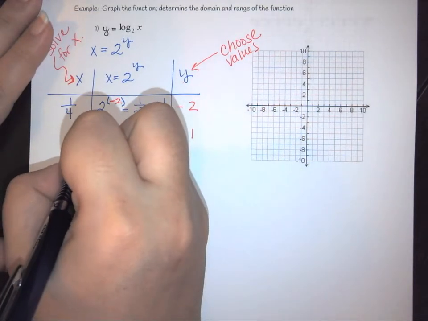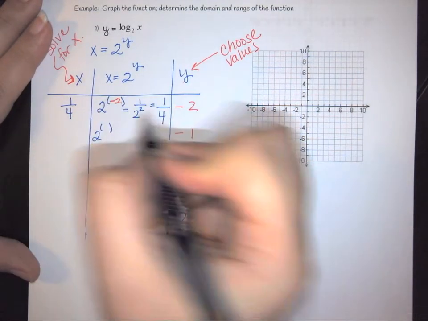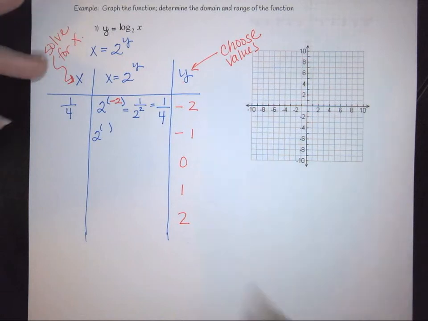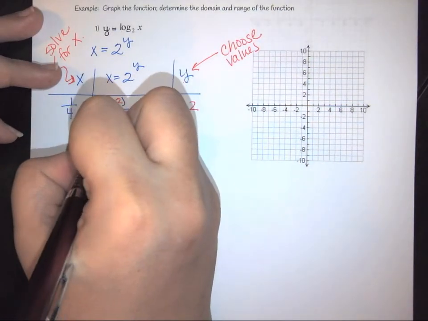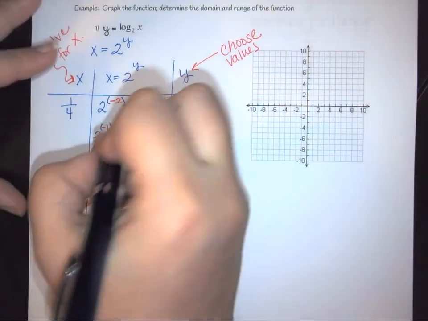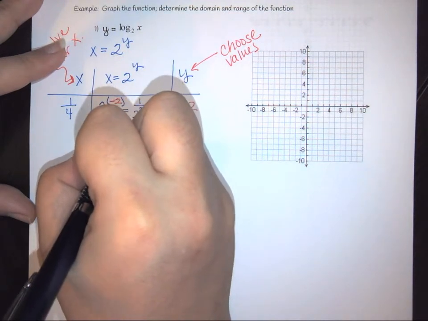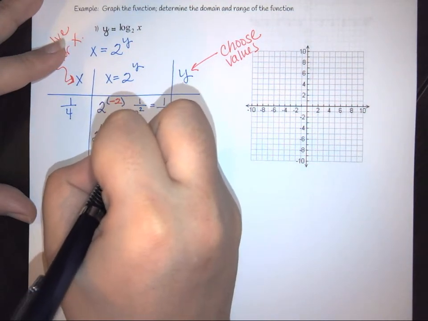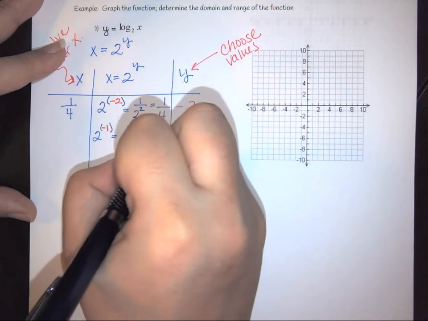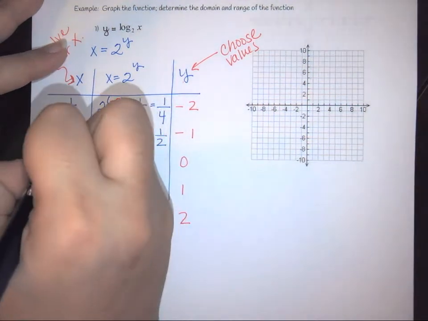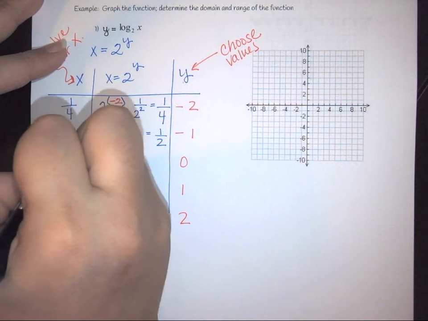Now I have 2 raised to some power, and in this case my power is a -1. So I have 1 over 2 to the first, which is 1/2. So this is going to be 1/2.